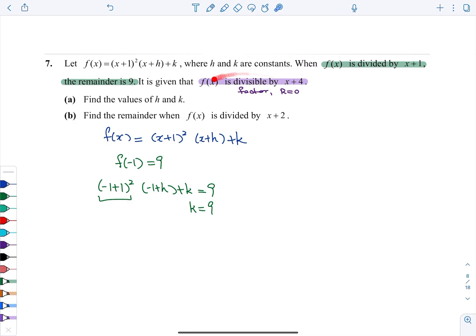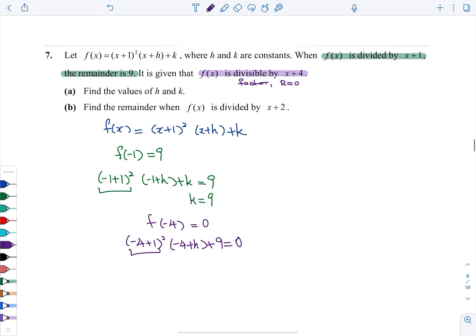And the next information, f(x) is divisible by this thing. So this thing is the factor. So when I put that as the x, -4, the remainder should be 0. So let's do that. (-4 plus 1) square, (-4 plus h) plus k, okay, we already know k, so replace it by the value, equals 0. Until here all okay, right?